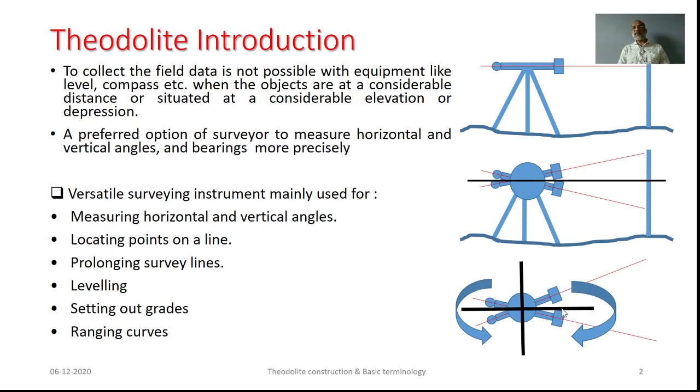As such, Theodolite has the ability to measure all the basic measurements, that is horizontal distance, vertical distance, horizontal angle, vertical angle. As such, any surveying operation can be facilitated by making use of this Theodolite like equipment.